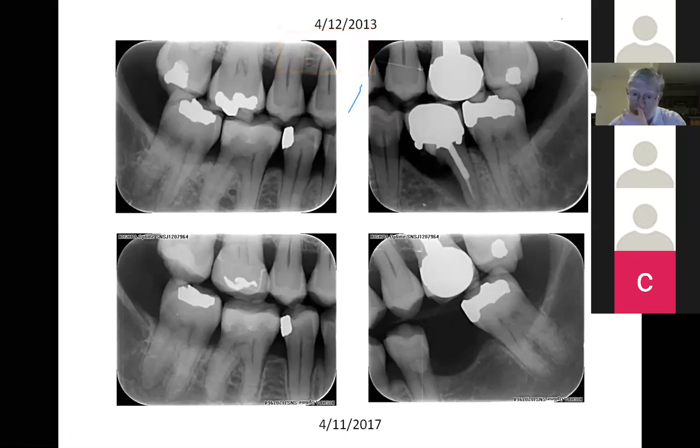But now, between there, 2.6 and 1.6 and 1.6 there, what changes? What is the difference? What is there? Okay. So we've got an Emax crown on that tooth.